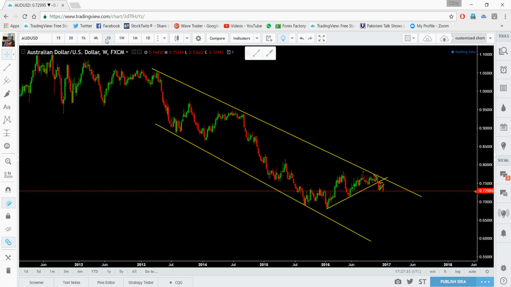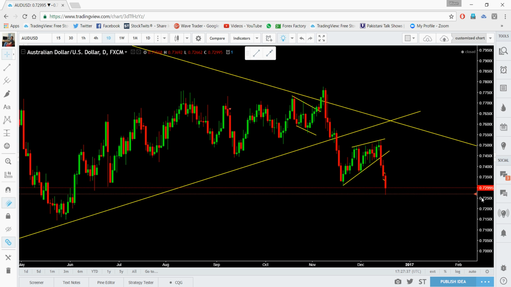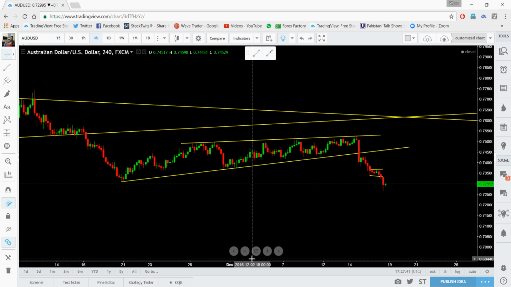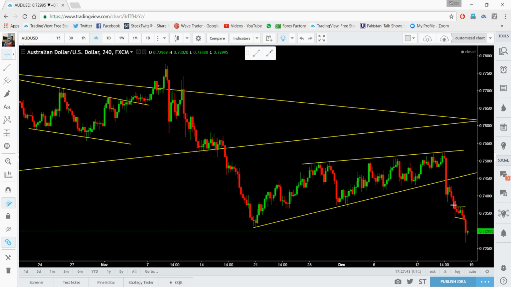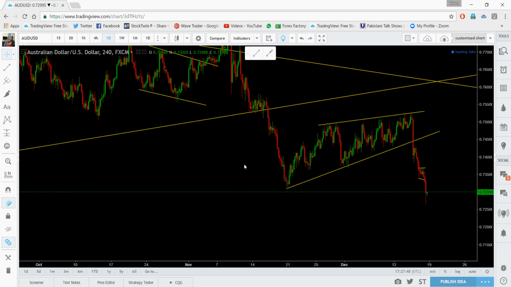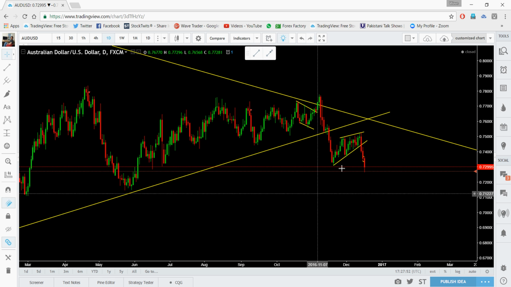All right, so again, if price forms a trend continuation pattern, we will look for a sell again. At this point we need a much bigger trend continuation pattern, same like the previous one.